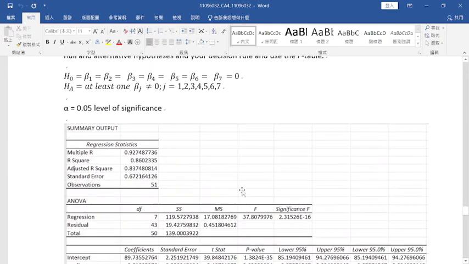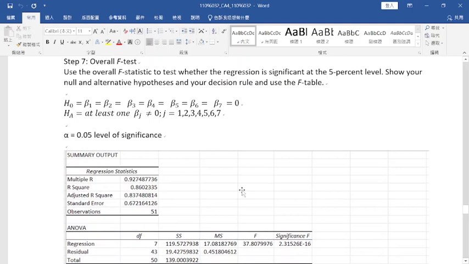Then the overall test. For the overall F-test, we run it using Excel. Well, you can just see the output, but earlier you mentioned that you can just refer to the regression. And you can use this one to do the confidence interval approach too. Did you have the confidence interval? Let me see.